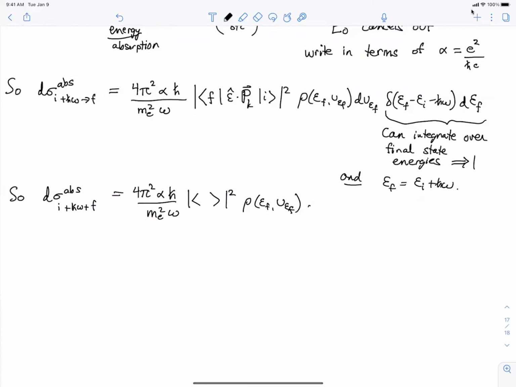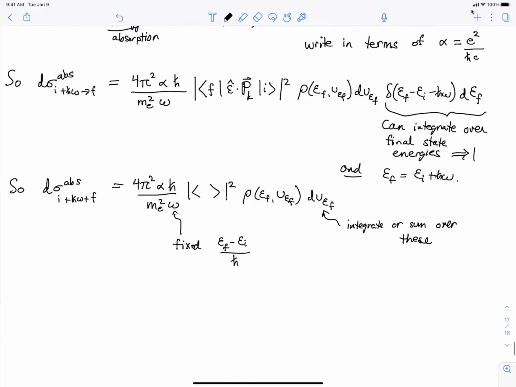We still have our differential with respect to the degeneracy, so that we're going to have to integrate or sum over on a case-by-case basis once we've decided what our final states are. And then the other thing to remember is this omega here is now fixed. It must be the final state minus the initial state divided by h bar. So when you plug this in, you have to plug in that as the fixed omega that contributes to this process.